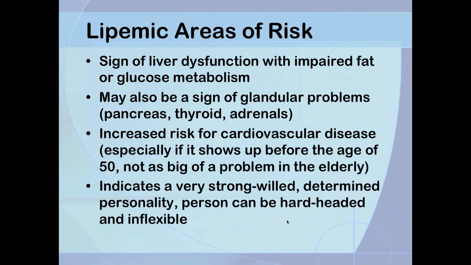What's interesting is, from Denny Johnson's point of view, it has a personality tendency, which I know is true of me. He calls it the ring of determination, and indicates it as a sign of a very determined personality that is very strong-willed, to the point that they can start to become stubborn and inflexible. I know that what's happened to me over the last 10 years is I've gotten more stubborn.